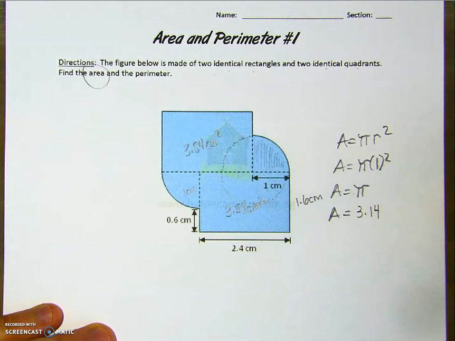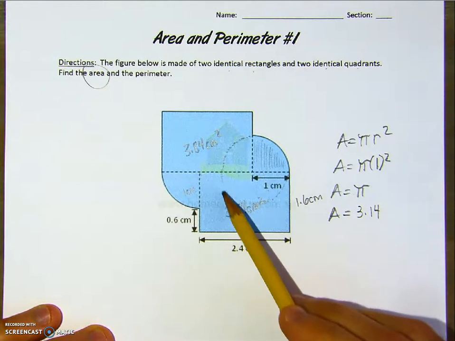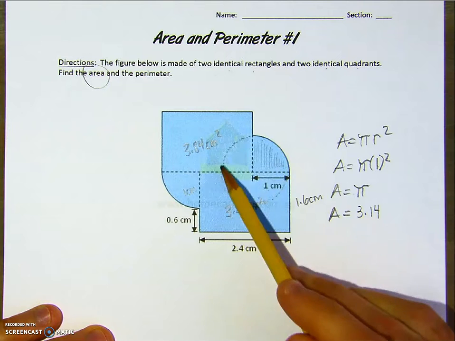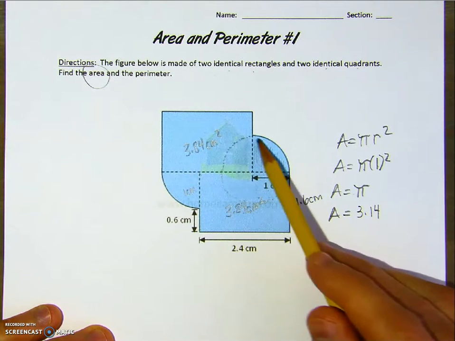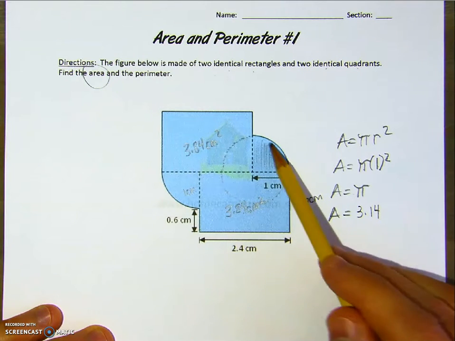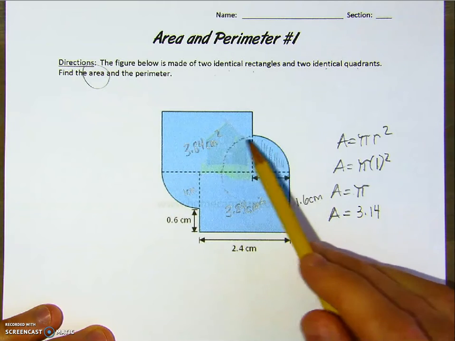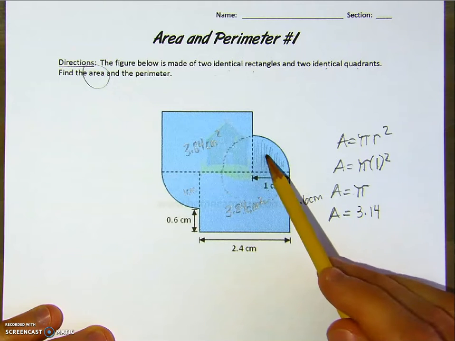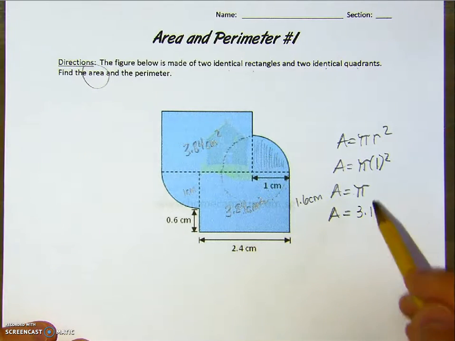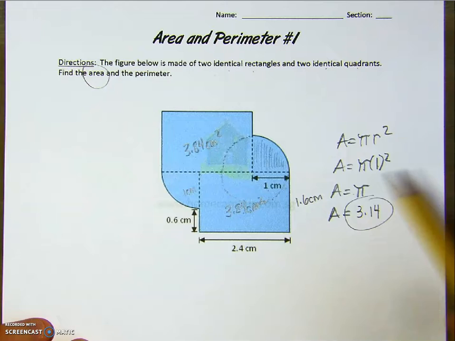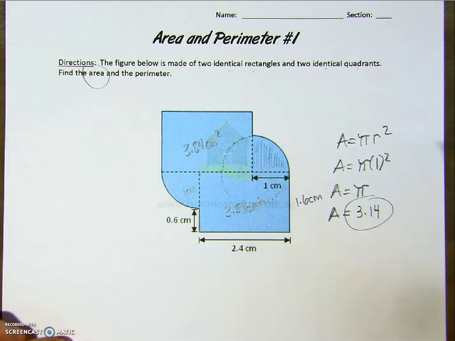All right. So the entire area of that circle is 3.14. I don't want to know the area of the entire circle. I just want to know what 1/4 of it is. So I've got to take this and divide it by 4 to get that shaded region right here. Let me do that real quick. Give me a second. 3.14 divided by 4 is 0.785.